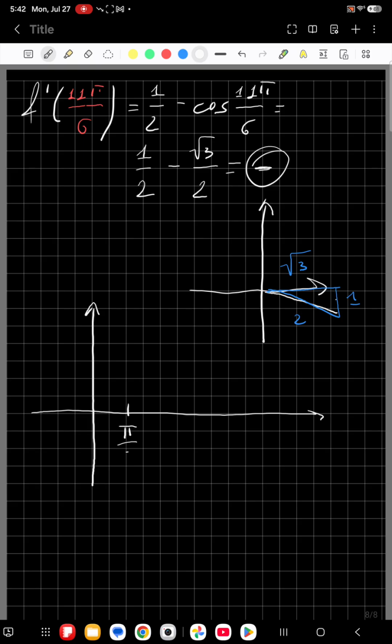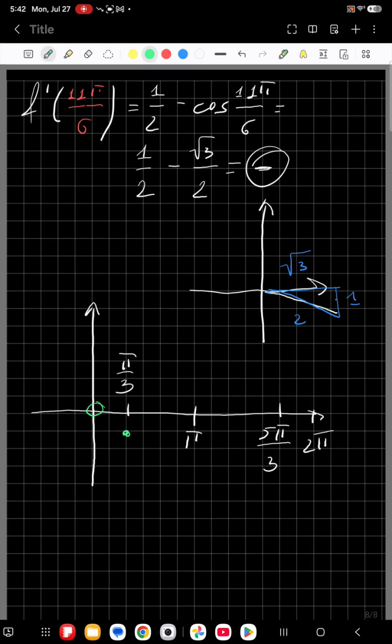This is pi over 3, so maybe I'll put that up here. So pi over 3 was the minimum, I believe. Then we'll have pi here, and we'll have 5 pi over 3. Okay, and then we'll finish with 2 pi. Okay, and the graph looks like this. So that point doesn't belong to the graph.